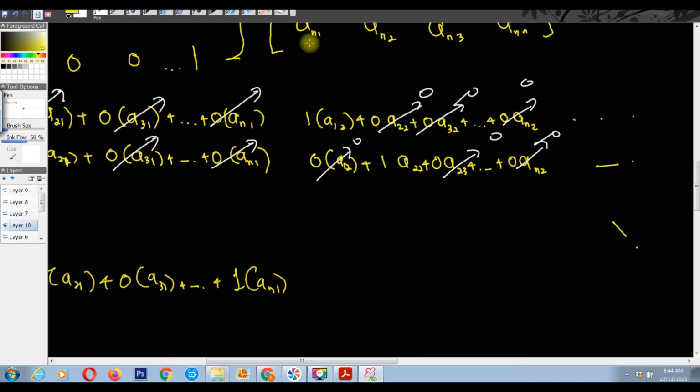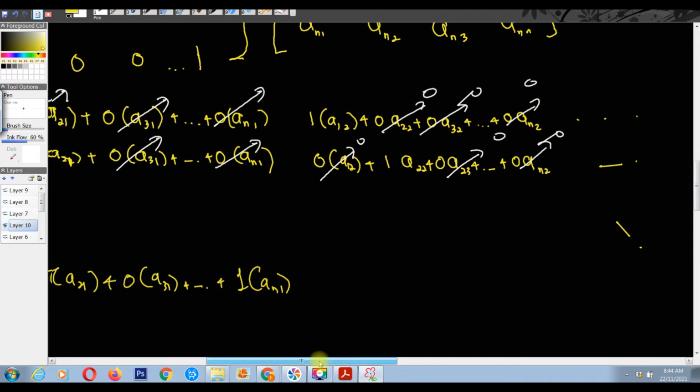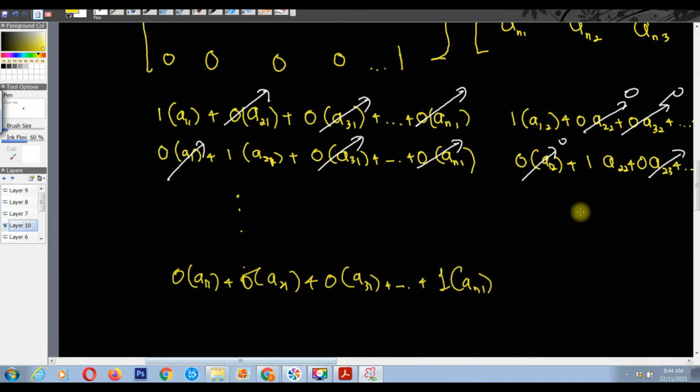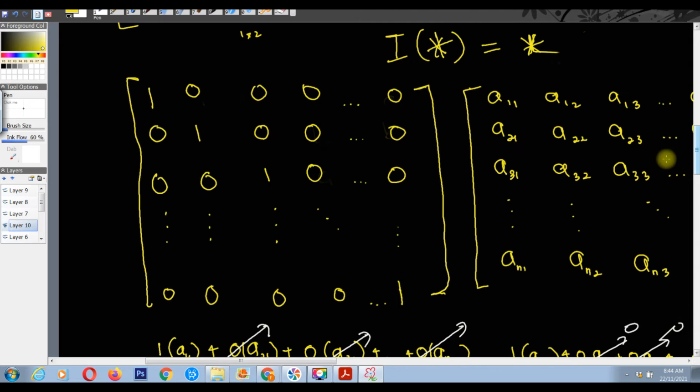So we will get the same thing, and the last term is also the same, because of the properties of identity. We call it the properties of identity. If we multiply with the identity, we get the matrix itself.